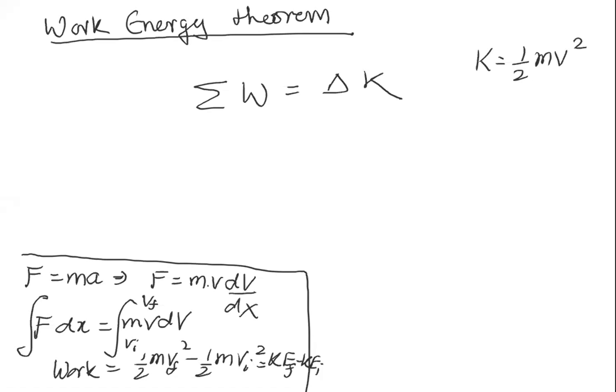There is no other form of energy, except the photon energy, which we can say is also energy. So kinetic energy and potential energy. When waves come, you can have one more type of energy. But in mechanics, there is only kinetic energy and potential energy. Okay, so sum of work done is equal to change in kinetic energy.